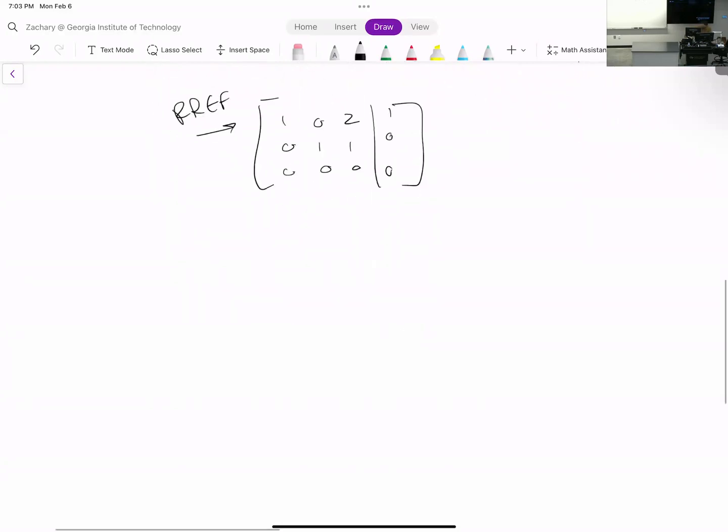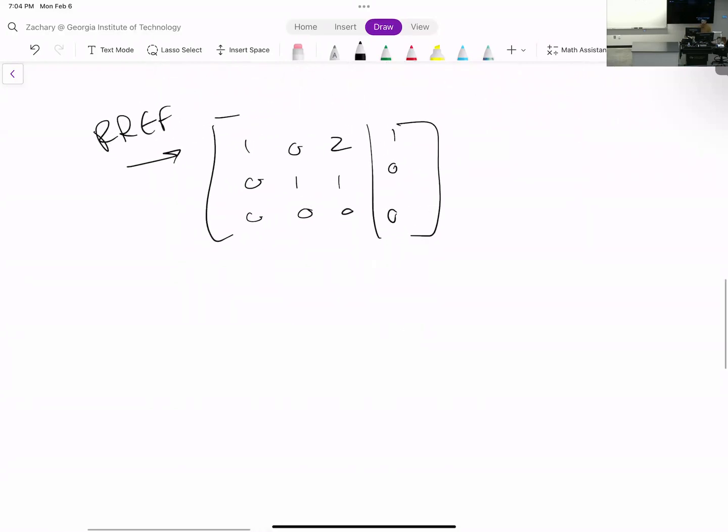Good. So moving on from this to put it into parametric vector form and then to actually get a solution, what we do is we go from reduced row echelon form back to equations. We have x1 plus 2x3 equals 1. Then we have x2 plus x3 equals 0.